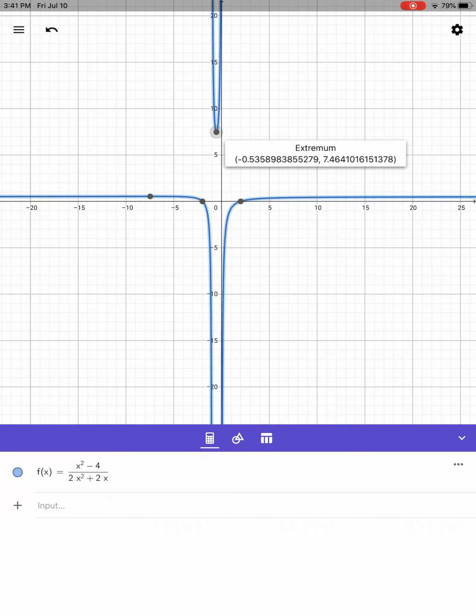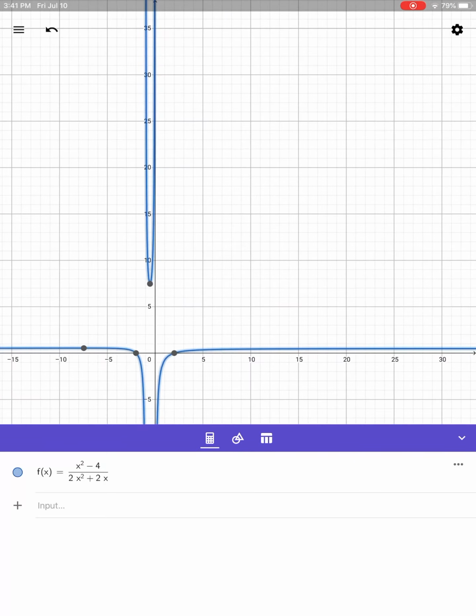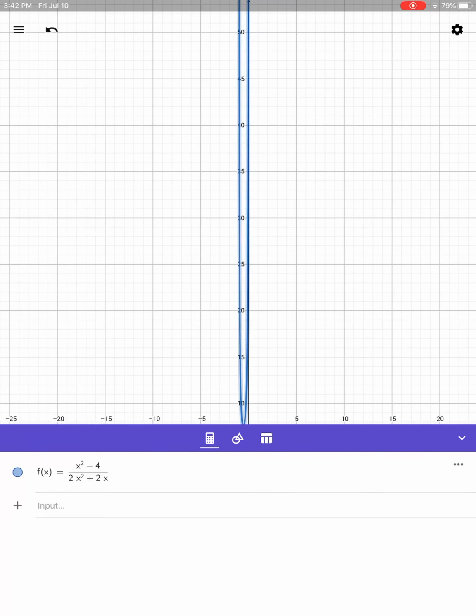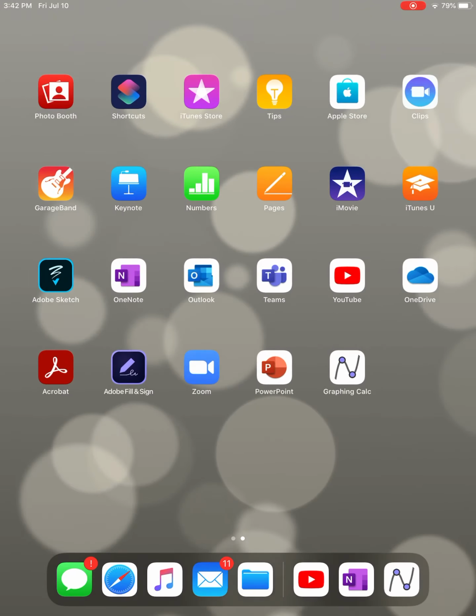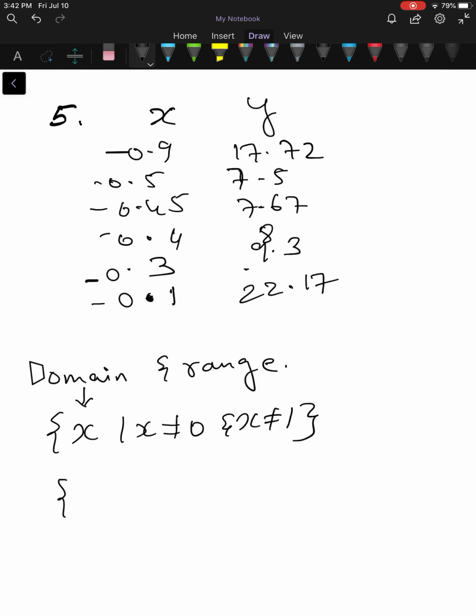So y is less than half, or y is greater than 7.5. So the range is all those y such that y is less than half or y is greater than 7.5.